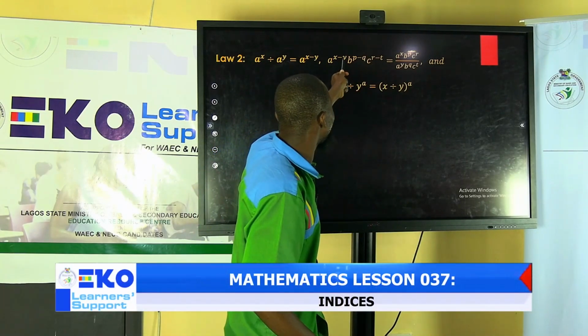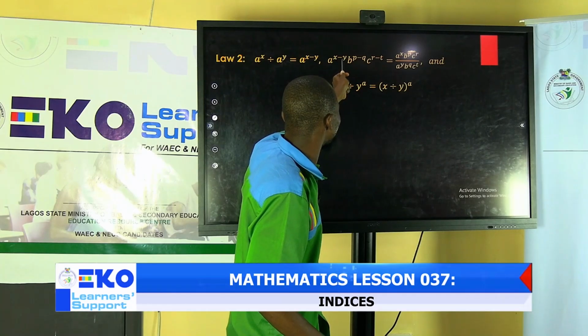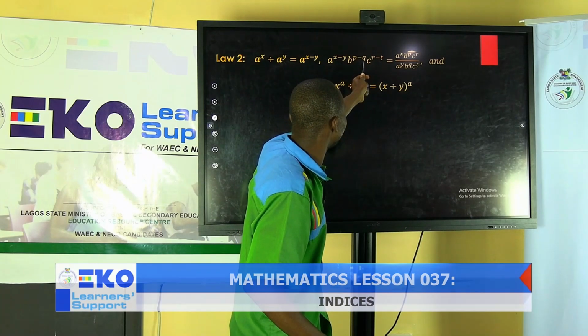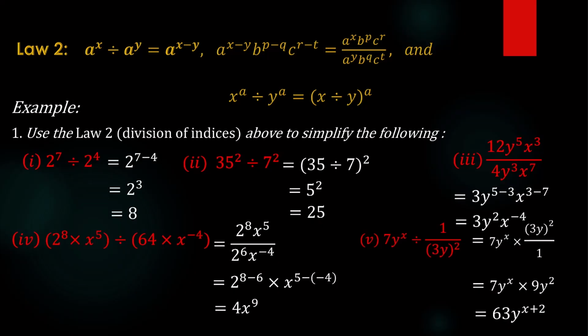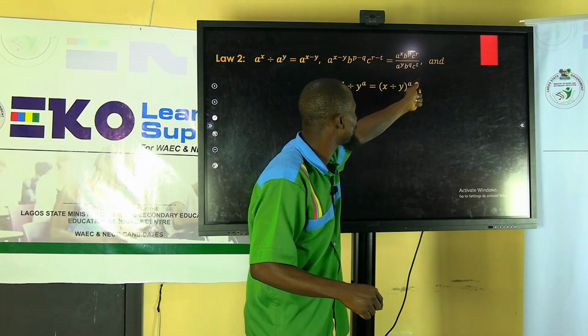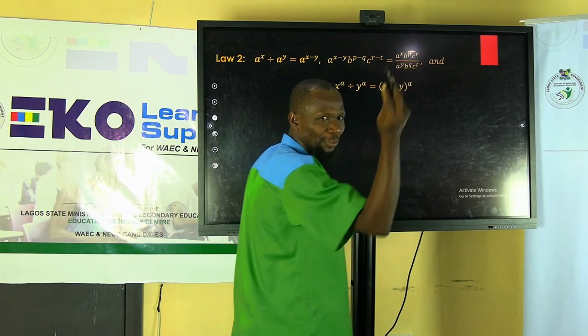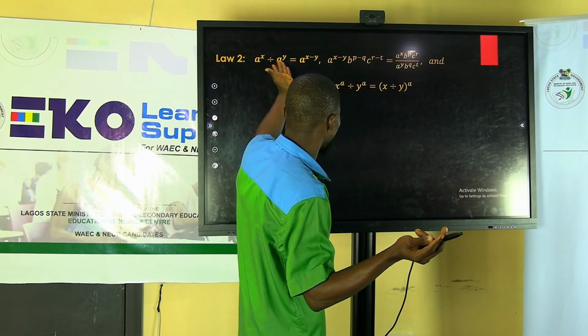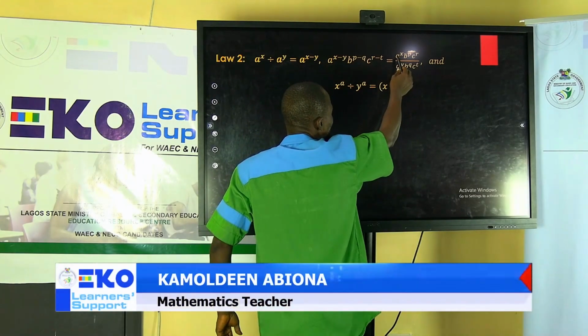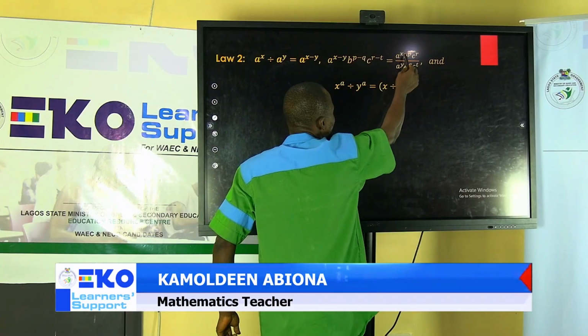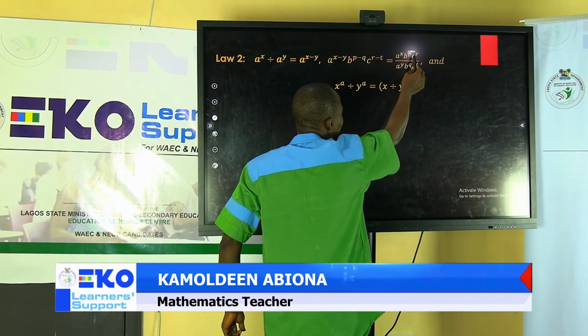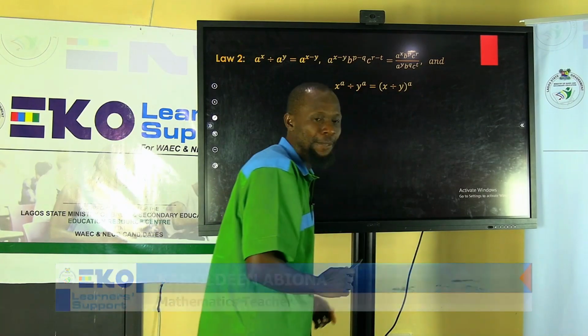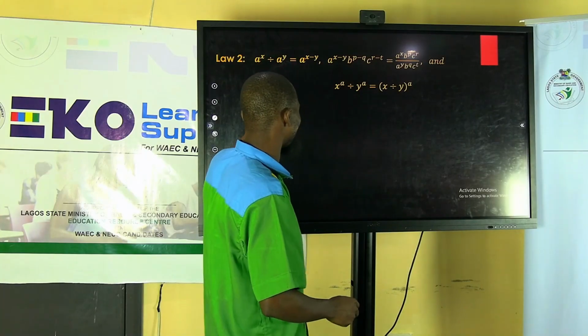And all these, a raised to power minus y, b raised to power minus q, c raised to power minus t will come down and it will become a raised to power y. From rule 1 or from this rule 2, you can easily do this, which means a raised to power x minus y, b raised to power p minus q, c raised to power r minus t. Alright? So that is that.